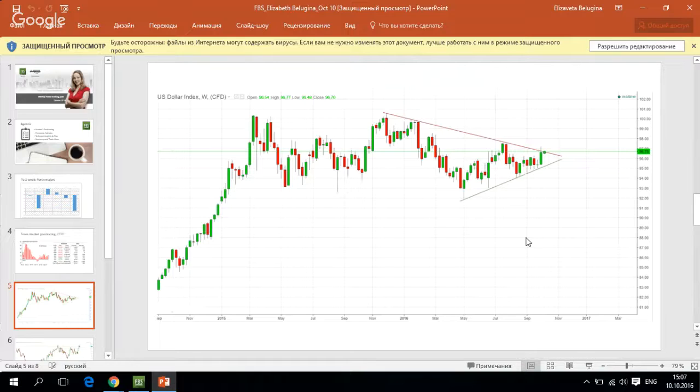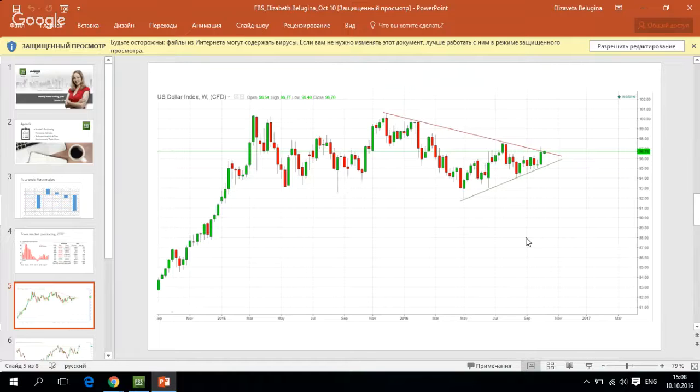The US dollar has actually tested levels above this resistance line, but didn't manage to close above it. So it means that we don't have a clear breakout of this medium term, even long term in some cases, resistance. We'll be looking at how the US dollar behaves this week.